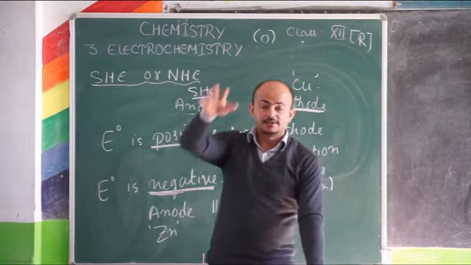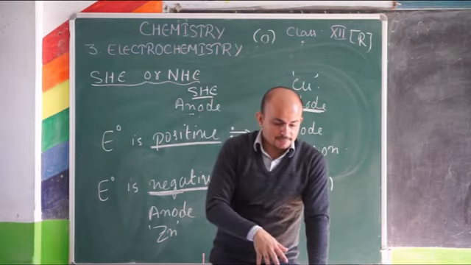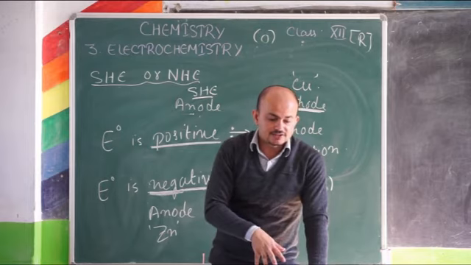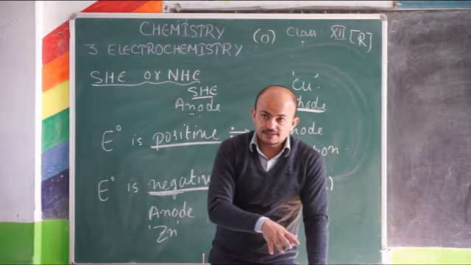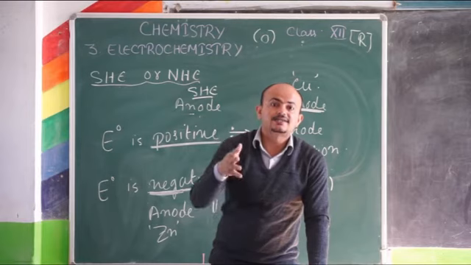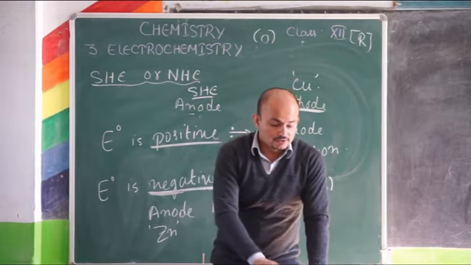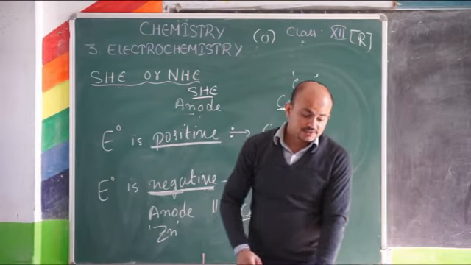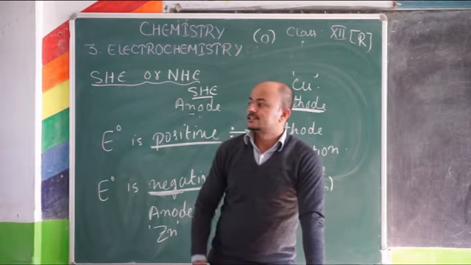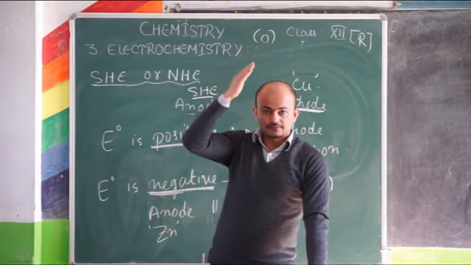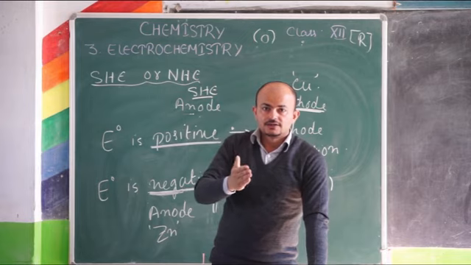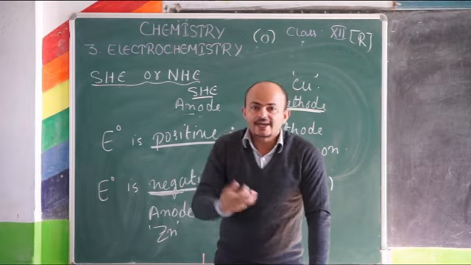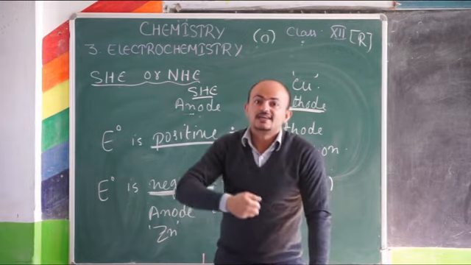Now, what does it mean? It means that the standard electrode potentials of these particular metals and other species are arranged according to their what? Increasing strength of oxidizing agent. As you move from top to bottom, their tendency to act as oxidizing agent will increase.